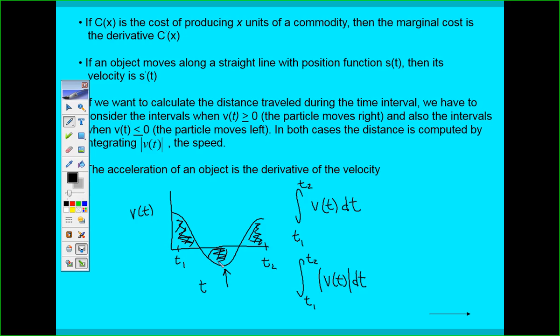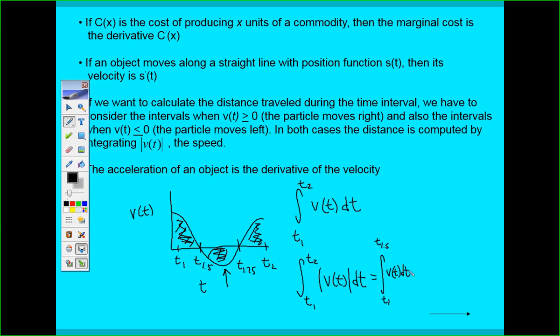Well, how do we accomplish that? What we're going to do is look at where we changed direction, or whether we changed direction on the interval. So let's say this happened at 1.5, and let's say this happened at 1.75. Then we could take the integral from t sub 1 to t sub 1.5 of our v of t.